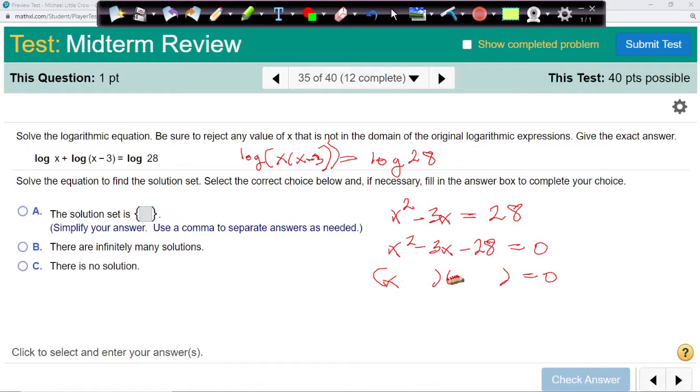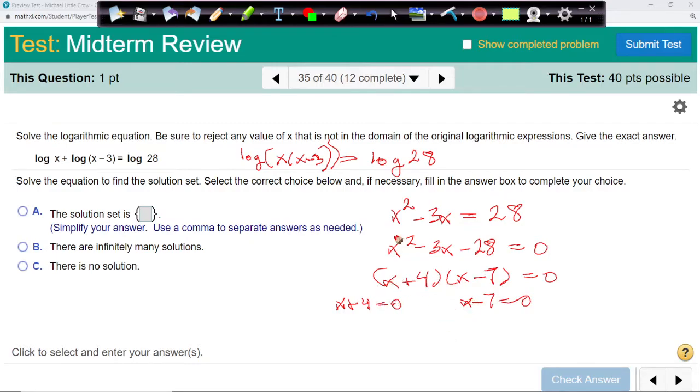We got x times x. We're going to have 4 and 7. It's negative, that means we're subtracting. This negative in the middle means the larger number is going to be negative. And so we get x plus 4 equals 0, or x minus 7 equals 0.